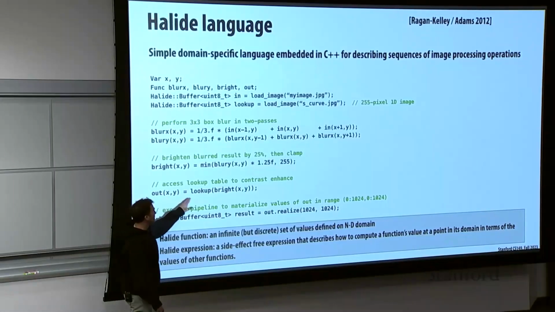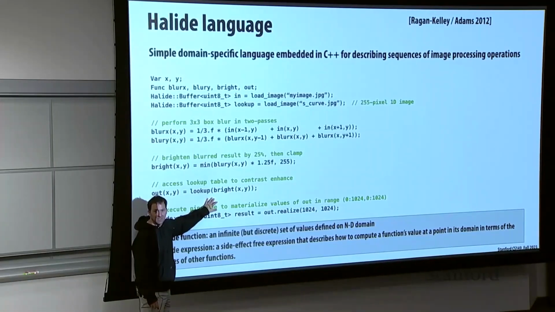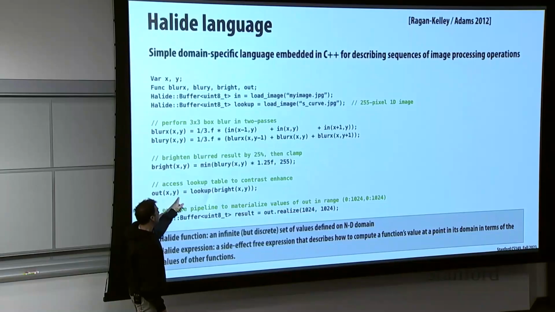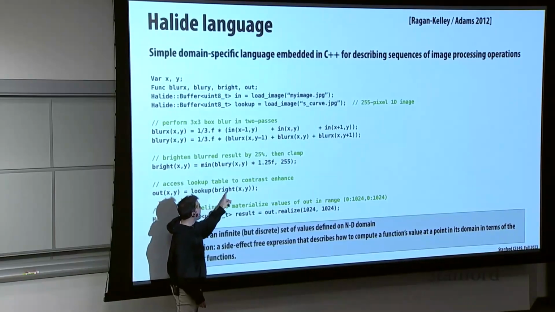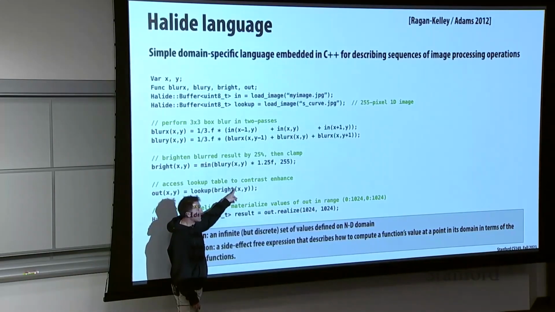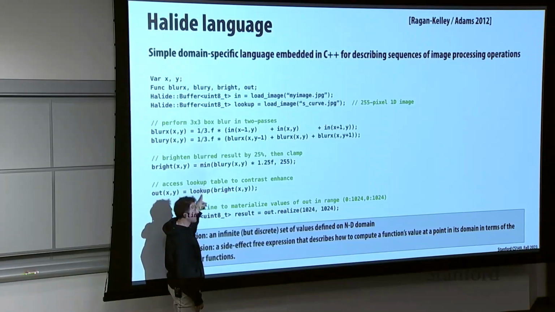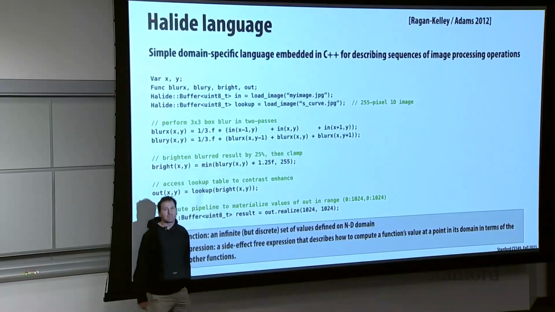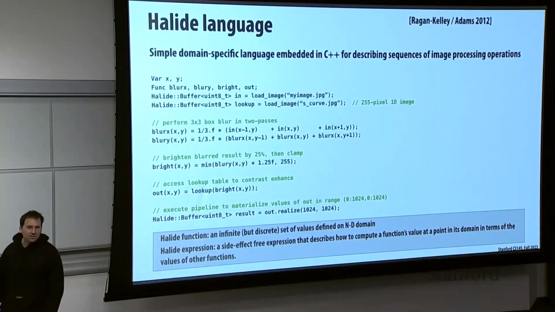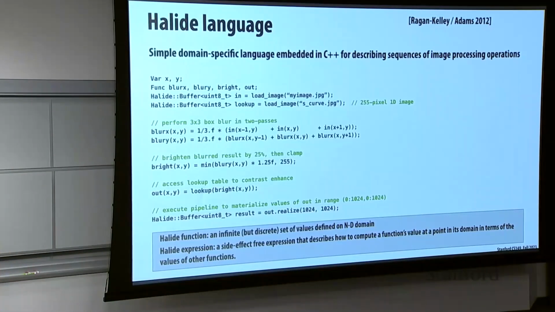And then there's even a gather. We talked about data parallel gather. Output at xy could be use the value of bright xy as an index to look up the pixel location in this function. So this is a gather. All of these other ones are maps over all x's and y's. So it's a functional programming language.